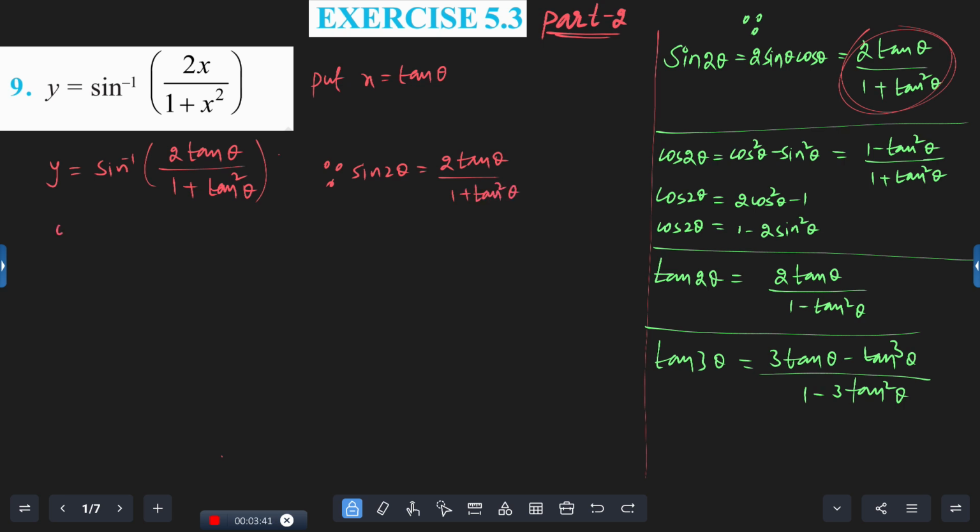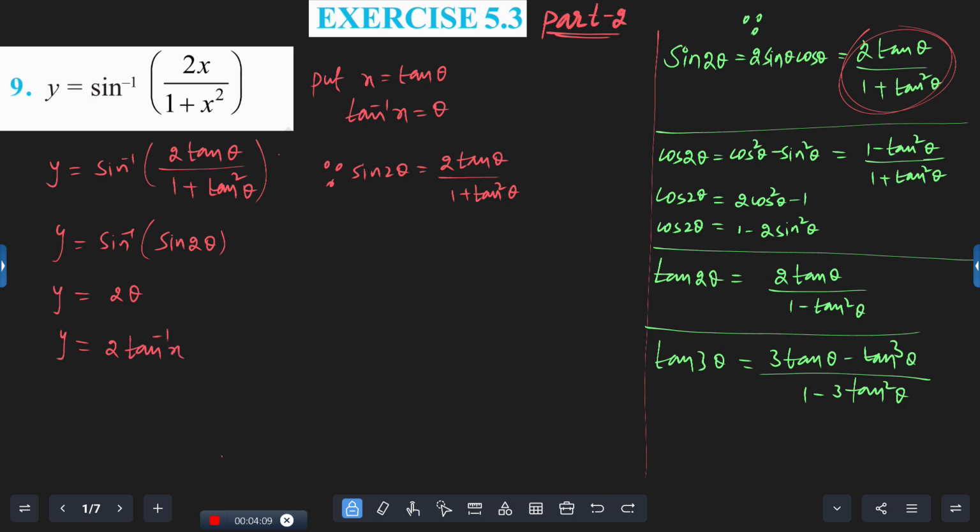So sine inverse of sin 2 theta, sine inverse and sine will cancel. Now 2 theta only you will get. What is theta? Sending the tan to the other side, theta is equal to tan inverse of x. So y is equal to 2 times theta, that is 2 tan inverse x.